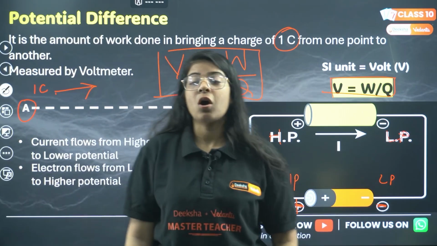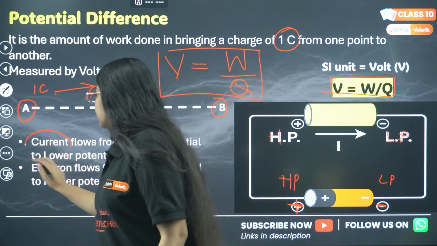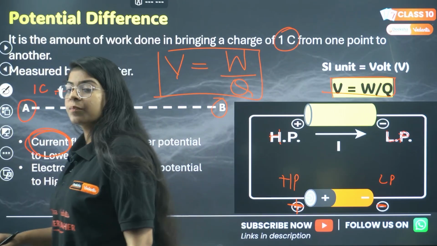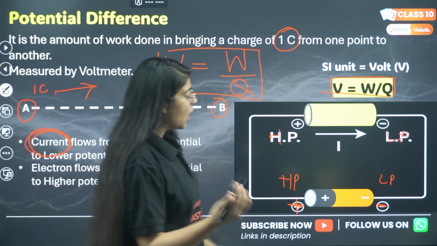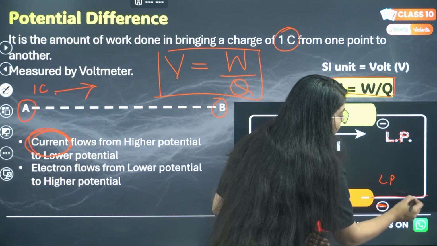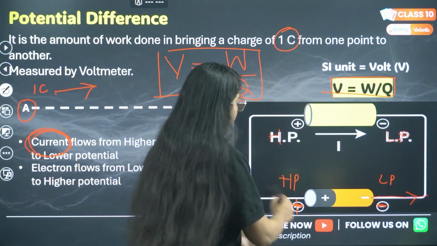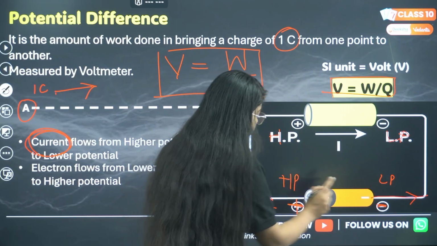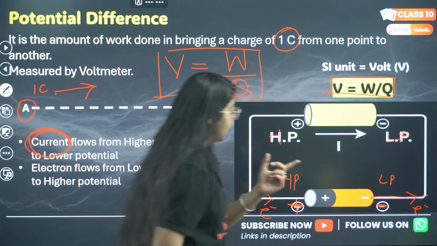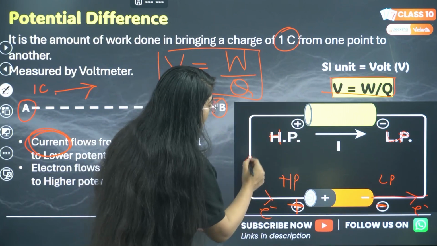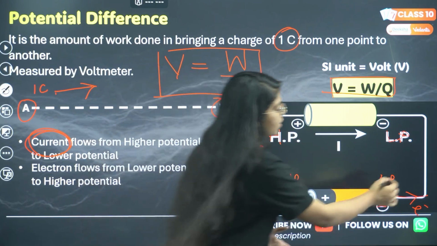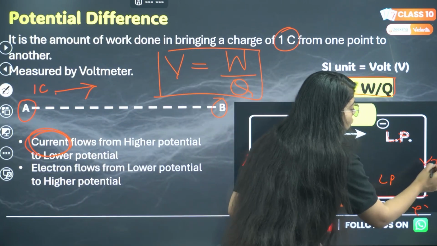We know charge always travels from negative towards the positive. This is charge, not the current. But we know current travels in the opposite direction.